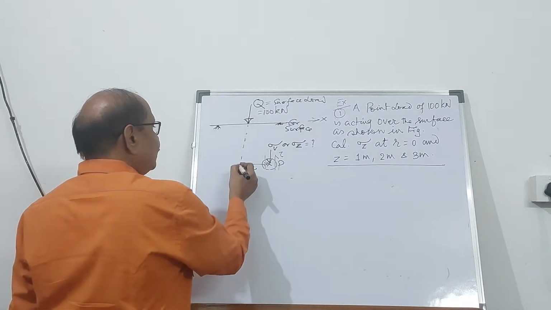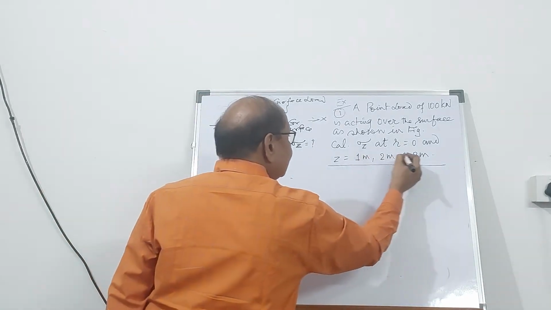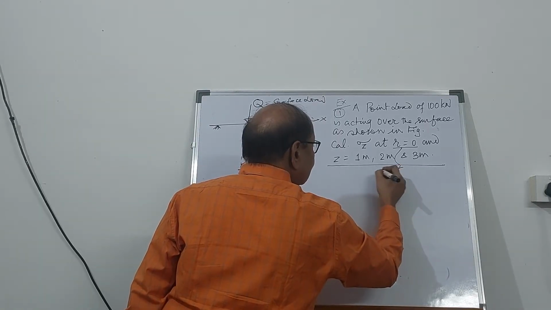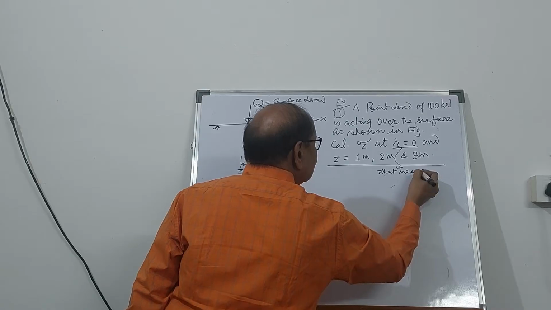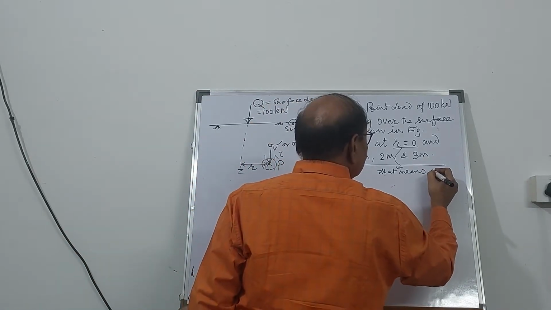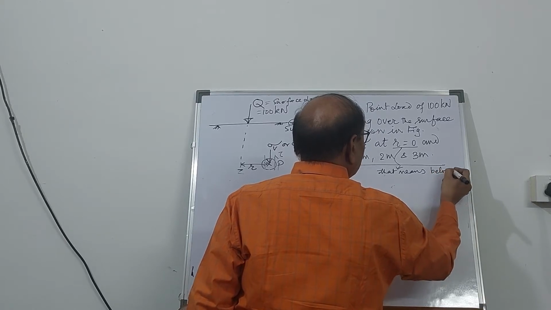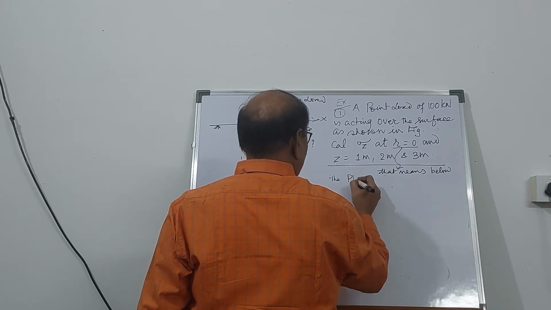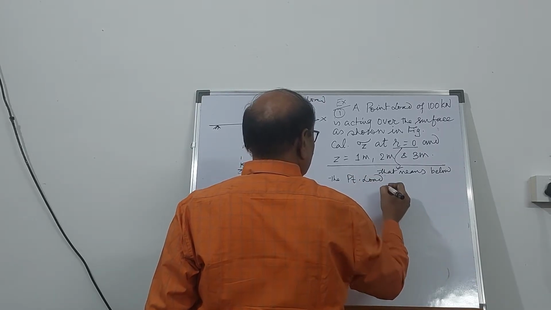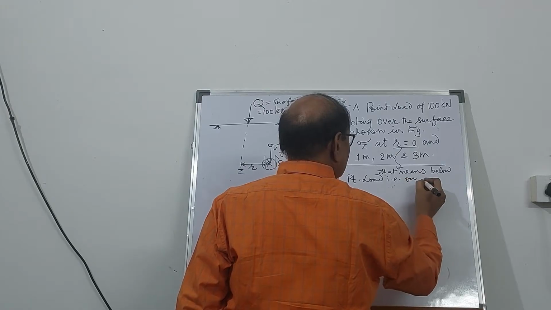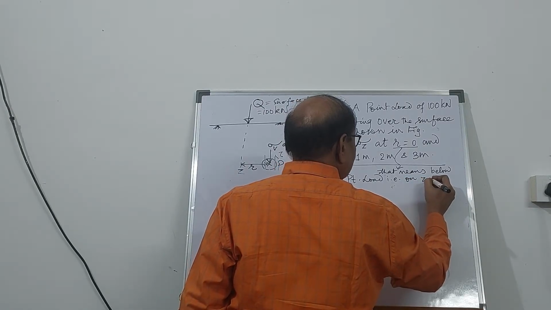R equal to 0, that means you need to calculate the vertical stress below the point load, that is on the Z axis.